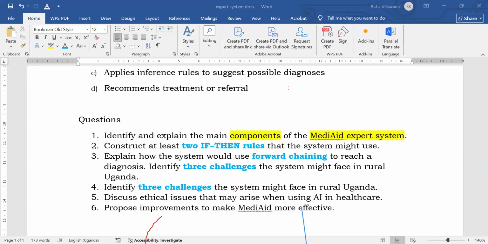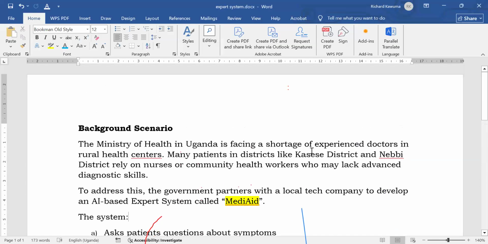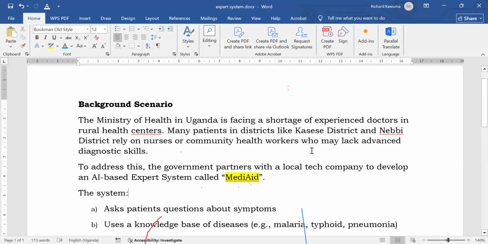Can you see the screen? Yes, we can. So they are saying the Ministry of Health in Uganda is facing a shortage of experienced doctors in rural areas. Now, there's no way you can talk of doctors because even they are not there. Experienced doctors, a shortage. And they are saying many patients, that is the first category here.